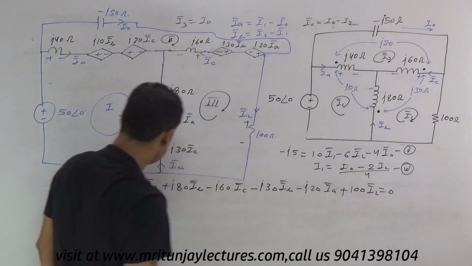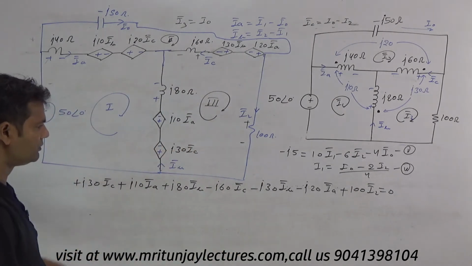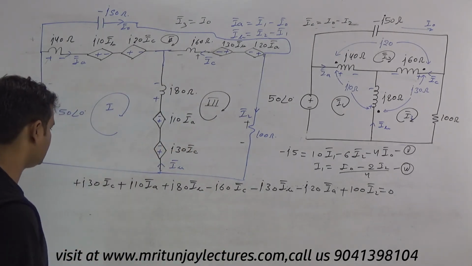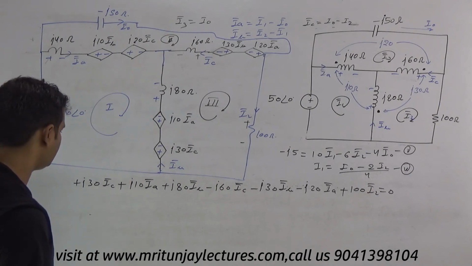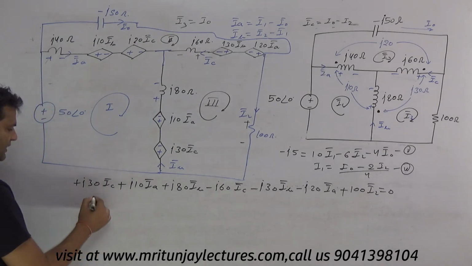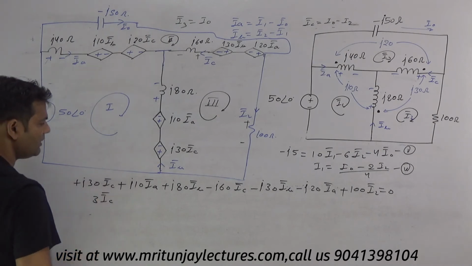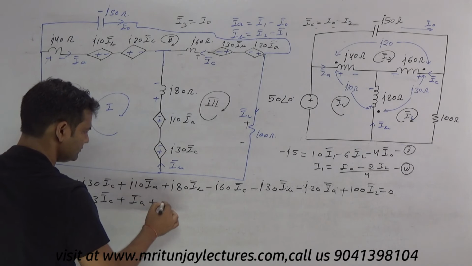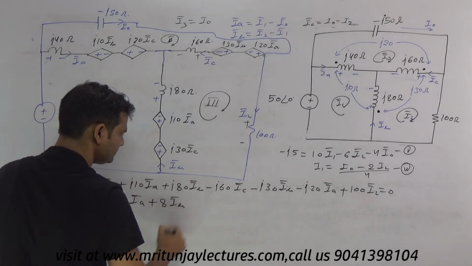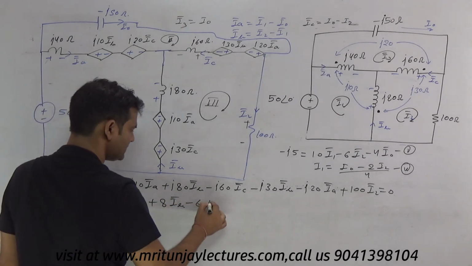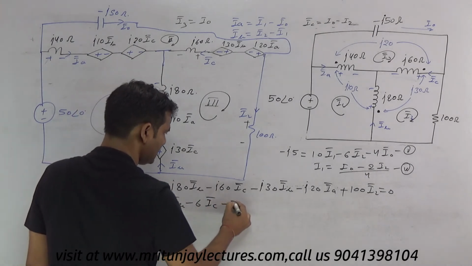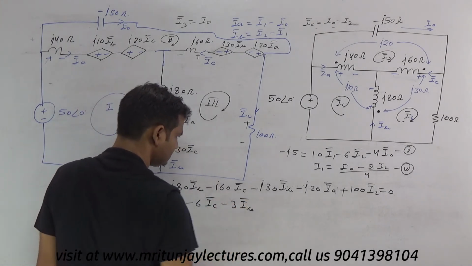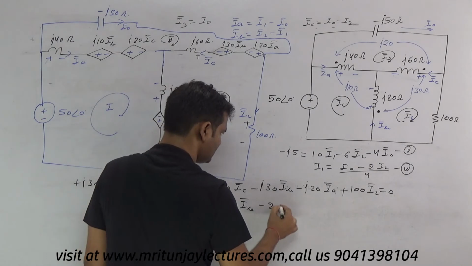Okay, now again if we multiply by 10J, then that is 3 IC plus IA plus 8 IB minus 6 IC minus 3 IB minus 2 IA.